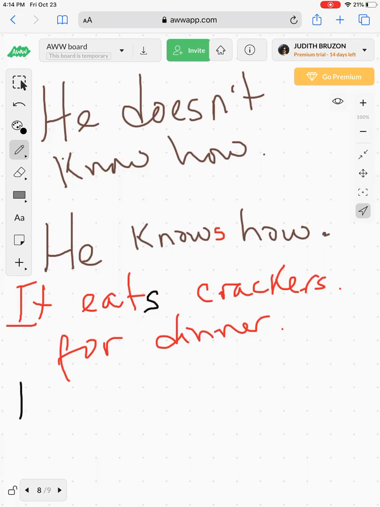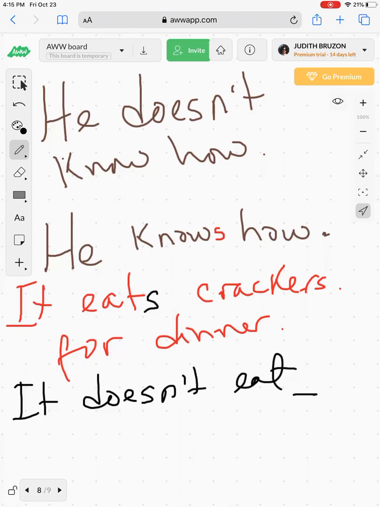How about if I want to make this into a negative? Yes, you're totally correct. It doesn't eat, and no S, crackers for dinner. Okay, well done. Now, what I need you to remember is that every time we write a statement in the third person singular, there has to be an S somewhere. So it's going to be either on the auxiliary verb as the form does, or it's going to be on the main verb by adding an S to the end.